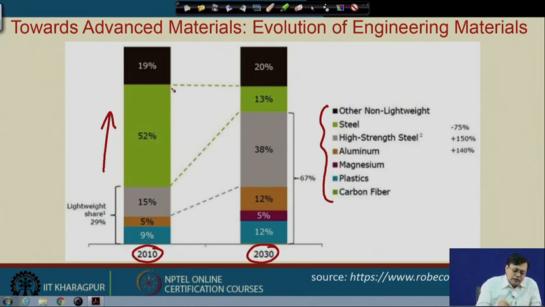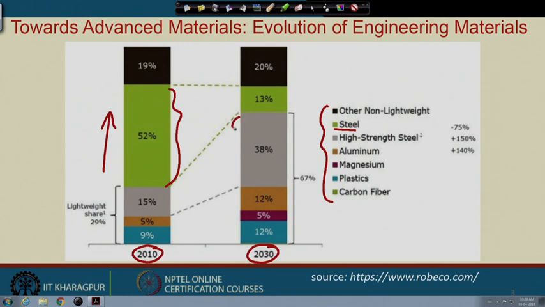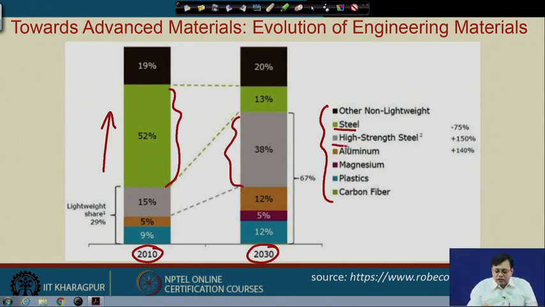Kindly have a look here: almost 52% of the steels has been used, and the majority of them are, let us say, low quality steels, mild steel, plain carbon steel, or some part of alloy steel, tool steels, and so on. However, the market of high strength advanced steel will increase, almost from 15 to 38%, and this is expected by 2030.